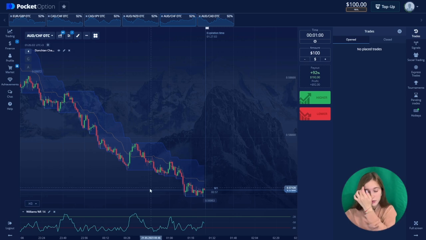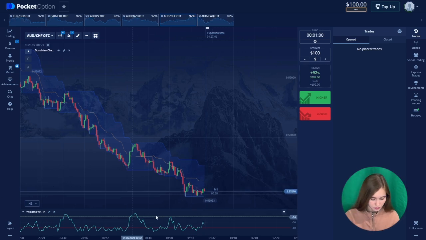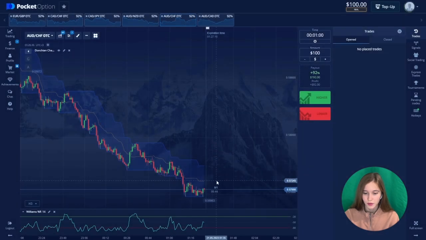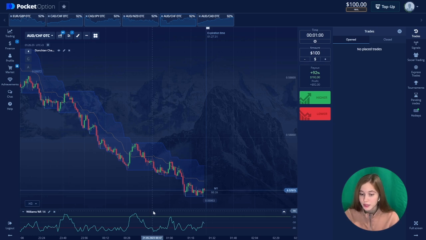And also the second indicator, period 14. From maximum to minimum, we see this from certain periods.